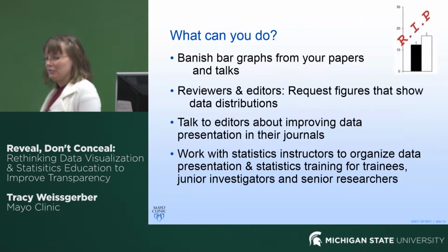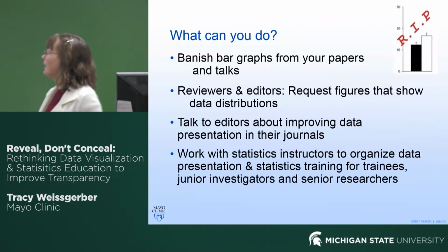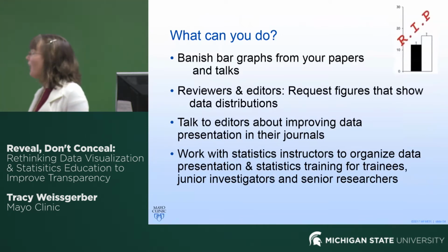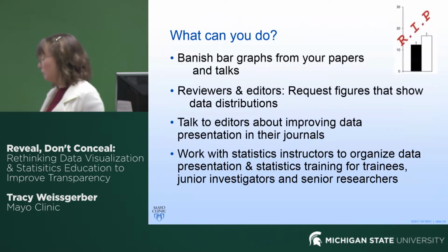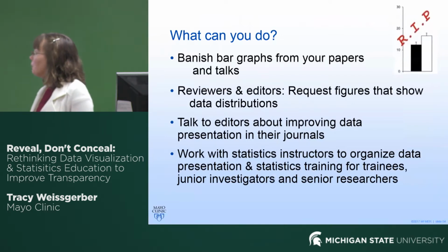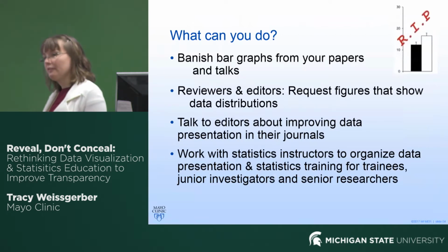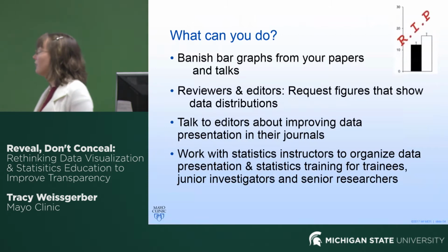So here are some things you can do to help. The first and obvious thing is to banish bar graphs from your papers and talks. And if you are a reviewer or an editor for a journal, then I would encourage you to request figures that show the data distribution as a standard part of all of your reviews. It's also important to talk to editors for journals that you read regularly about the importance of improving data presentation in their journals and offering more transparent options.